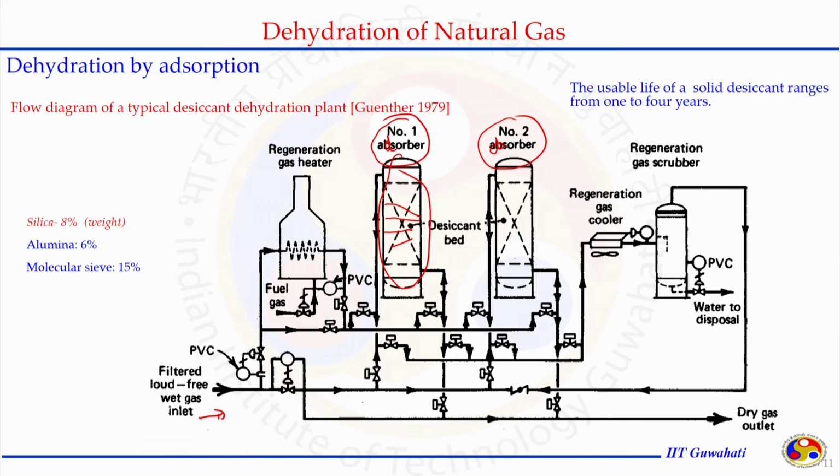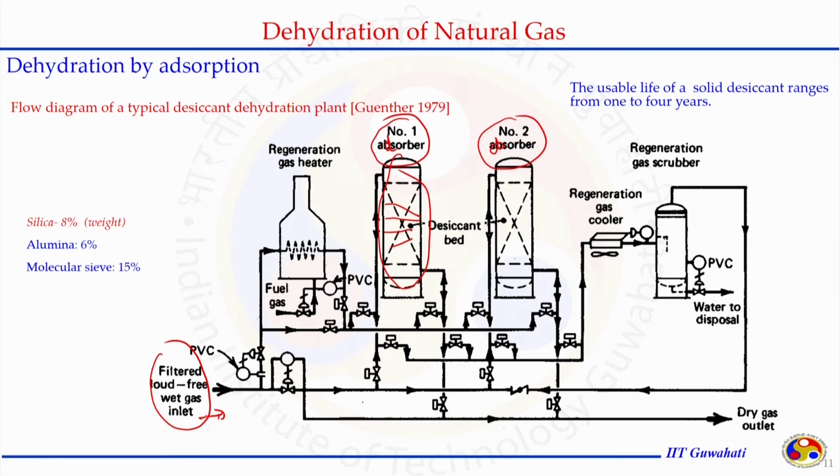If it contains some solid particles or some liquid compounds, those should be separated out before going to the adsorption tower, because those liquids will block the pores present in the solid packing and reduce the efficiency of the process. So, the gas passes through some filter process, and this schematic diagram includes several other pieces of equipment besides the adsorption tower. Those are required, we will see them one by one.